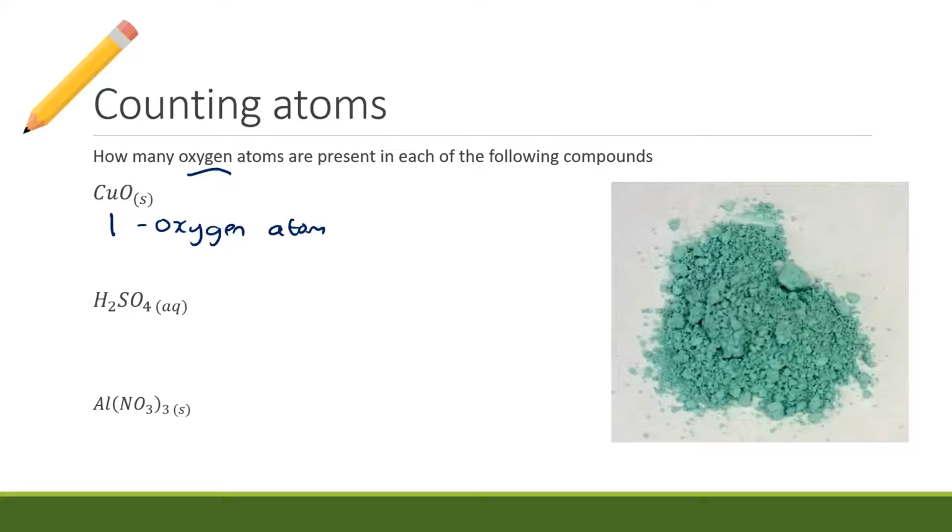On the right, here is a picture of copper oxide. This is what copper oxide looks like. Copper oxide is what happens when copper gets oxidised over time. That is why the Statue of Liberty is this greeny blue color. It's also why a lot of the old roofs in Florence and Rome in Italy are also this color.